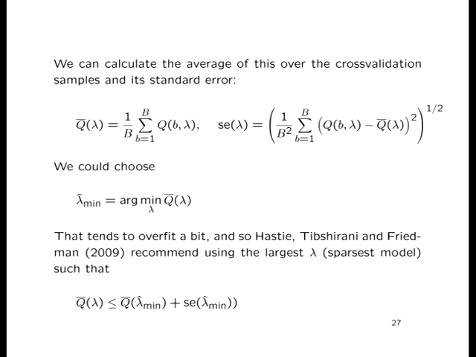Tibshirani and his co-authors recommend actually using a larger value for lambda, doing more regularization than you would get out of simply minimizing the cross-validation mean squared error. So what they do is they calculate the standard error over the cross-validation samples and then choose the largest lambda that is reasonably close to minimizing the cross-validation error, where reasonably close is measured in terms of the standard error.